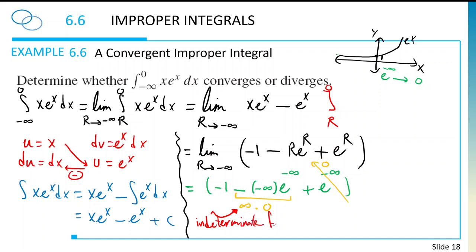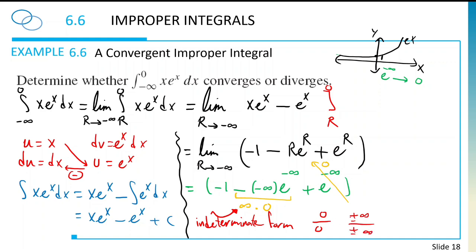For the indeterminate form, you learned in Calc 1 that you need to rewrite it using any form of this. It could be 0 over 0 or plus or minus infinity.